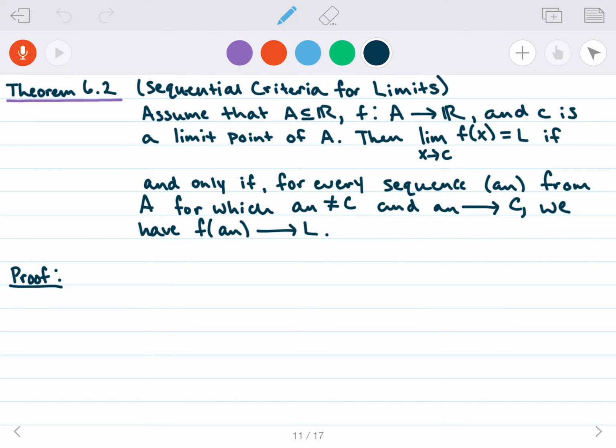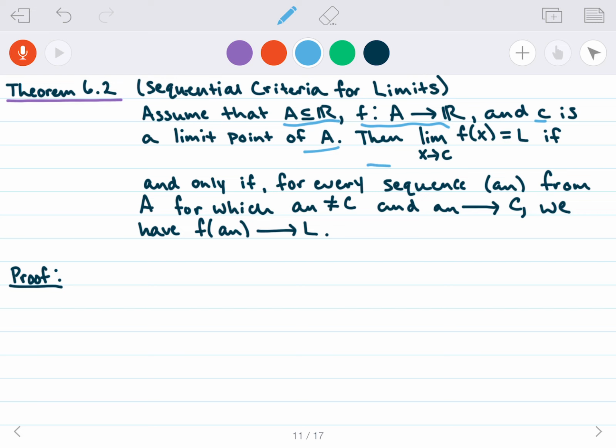All right, so our next theorem is pretty handy. It's a sequential criterion for limits. We're going to assume that we have a subset of the real numbers A, and a function from A to R, and that c is a limit point of A. So just the usual assumptions that we make for limits. Then we have an if and only if statement.